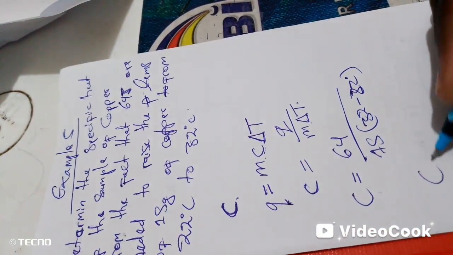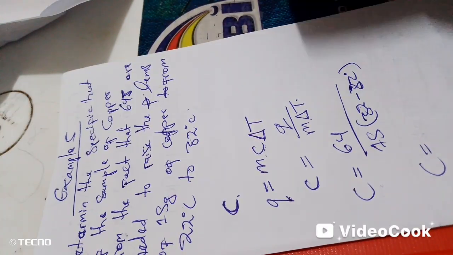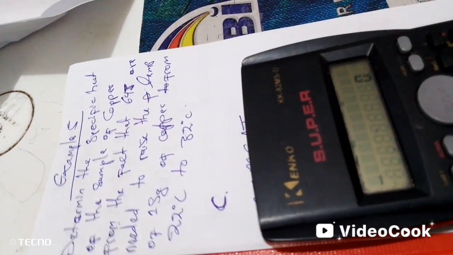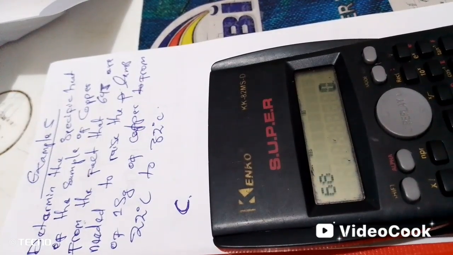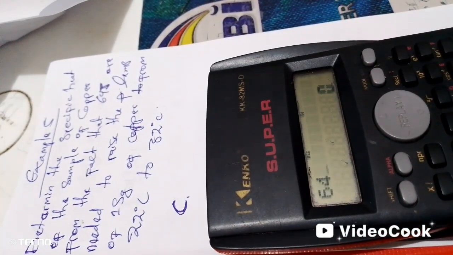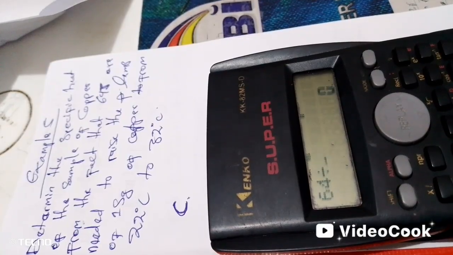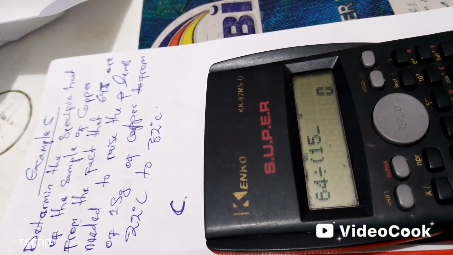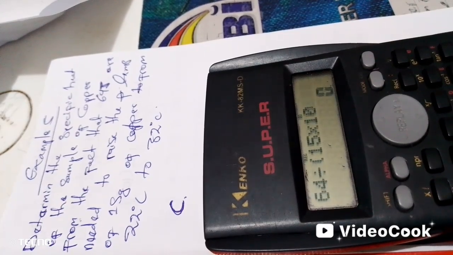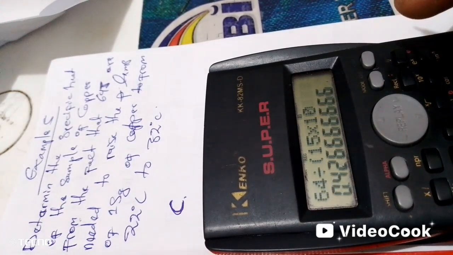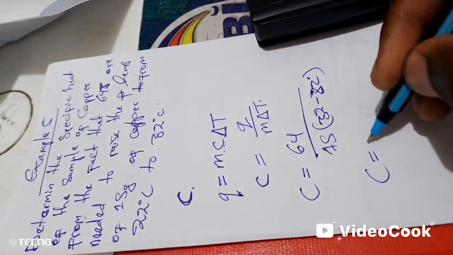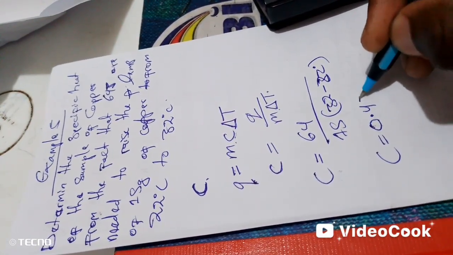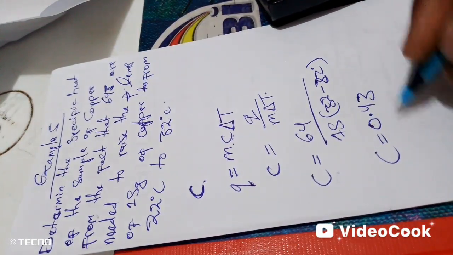So C is equal to, just to use the calculator in the exam, there's no need of going step by step. To use the calculator in this form, we have 64 on top, divided by, I'll put it in bracket, 15 times 10, and that's going to give me 0.43 after rounding it off.